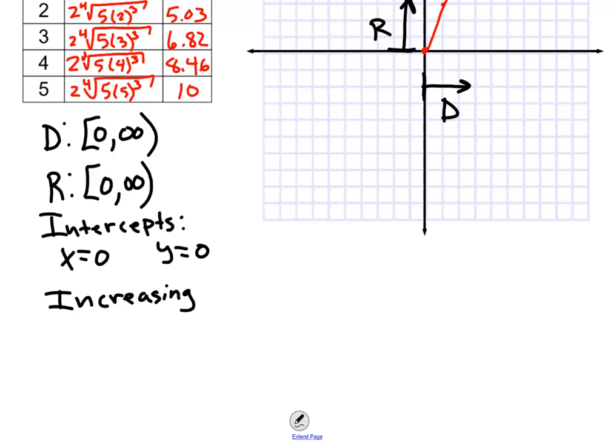Increasing the whole time, which just means that it is the same as our domain. So we include 0 and go to positive infinity. So I just wanted to do that one kind of separate. The rest of the videos are going to be dealing with a lot more algebra, not as many graphs. So this would be the graphing of a radical function.